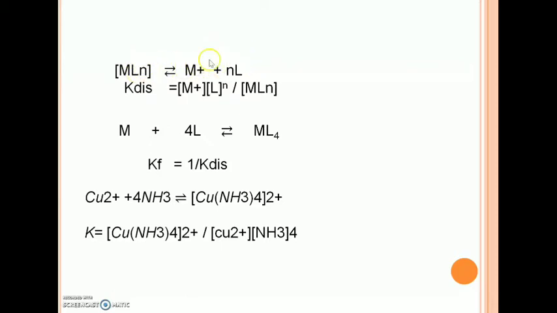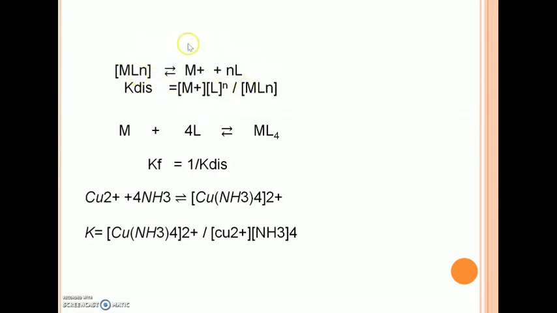Therefore we write the equilibrium constant as K dissociation, and we all know that the equilibrium constant is expressed in terms of concentration, that is, concentration of products divided by concentration of reactants. That is, concentration of M+ into concentration of L raised to n divided by concentration of MLn. That is the dissociation constant.